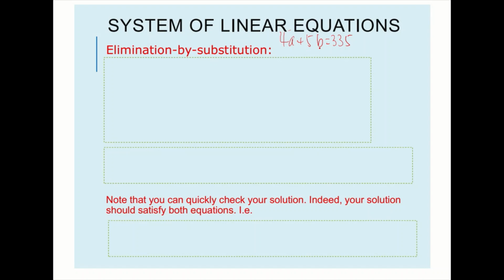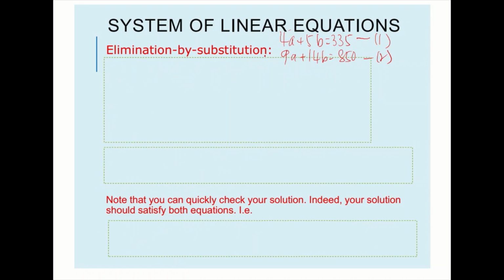4A plus 5B equals 335. This is equation 1. And 9A plus 14B equals 850. This is the second equation.